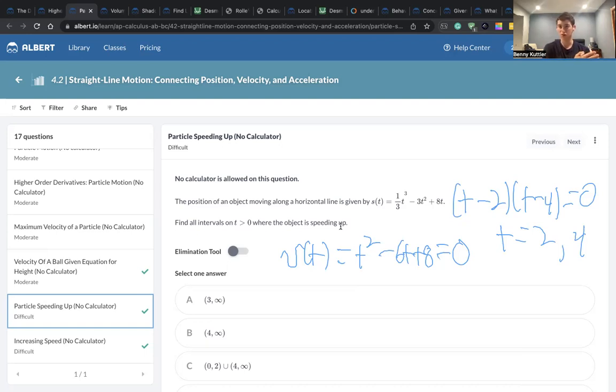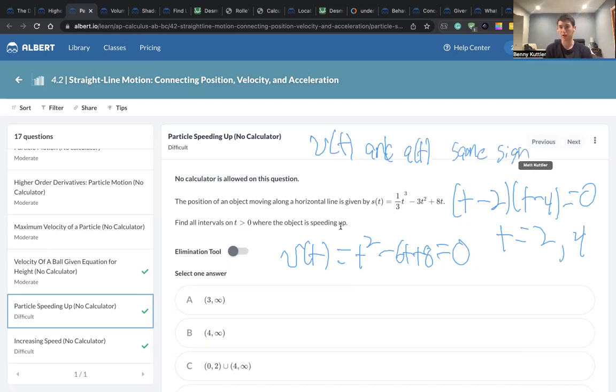You see it going faster, just in the negative direction. So we're going to have to look for times where the signs of v of t and a of t are the same. So v of t and a of t, same sign.